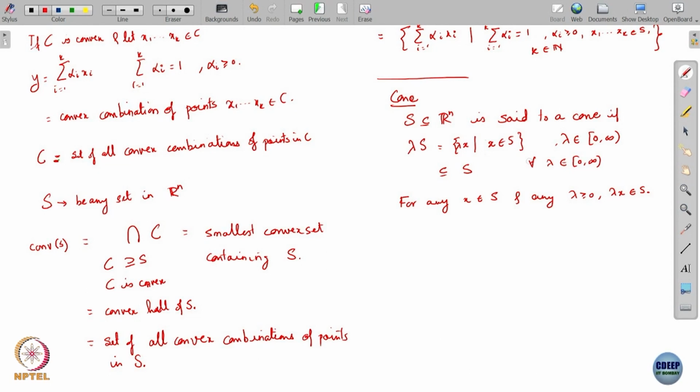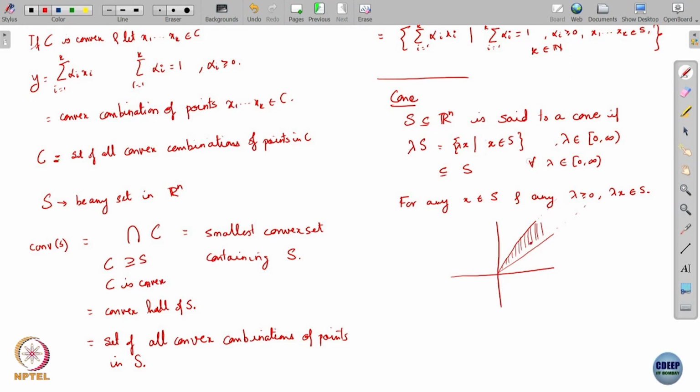So, what does a cone look like? A cone looks like a cone, right. But it does not have to look like a cone. So, for example, a set like this going all the way, right.